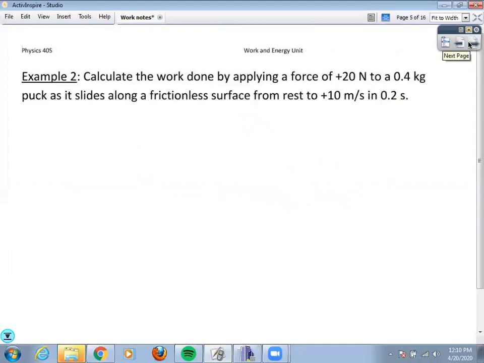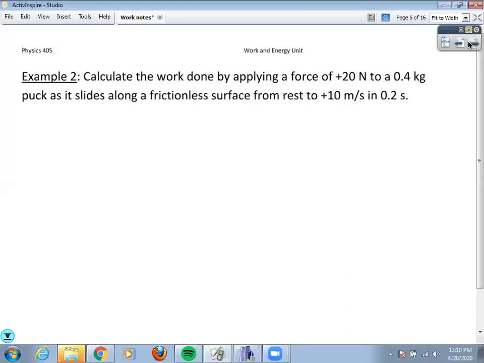Okay. Second example would be we don't know delta D, but we have some kinematic information that we can get. So calculate the work done by applying a force of 20 newtons to a 0.4 kilogram puck as it slides along a frictionless surface from rest to 10 meters per second in 0.2 seconds.